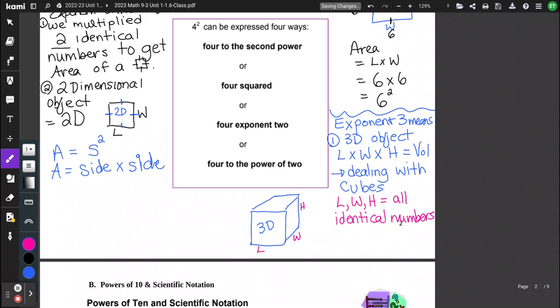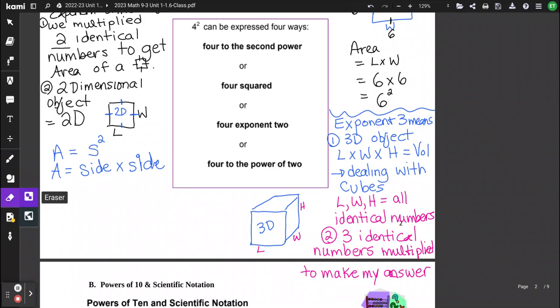Okay, since it's all identical numbers, the second thing it tells us then is that 3 identical numbers multiplied to make my answer. Okay, so that's what it's actually telling us.